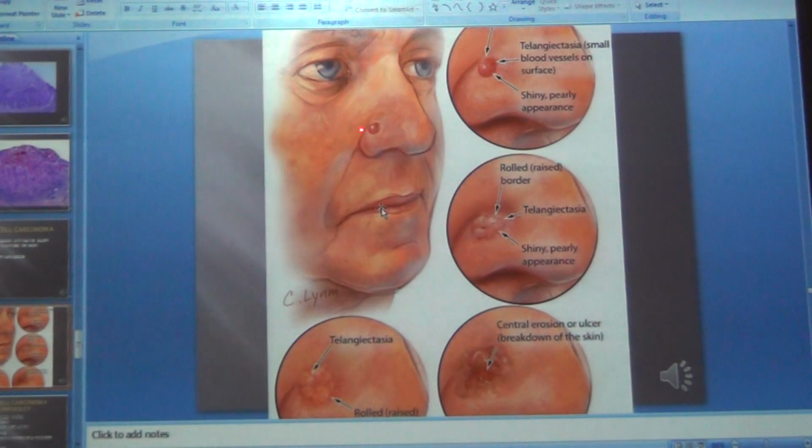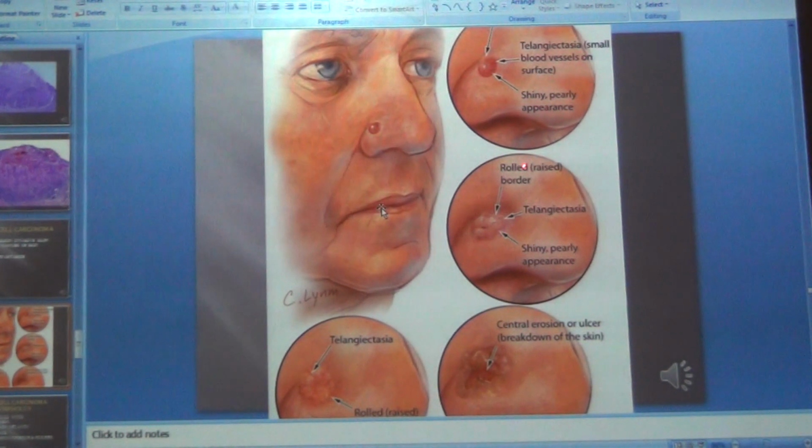They can present as shiny, pearly papule-like lesions, and in some you see vessels. These dilated small vessels on the surface of the lesion are called telangiectasia. These are pearly papular lesions with a shiny pearly appearance.